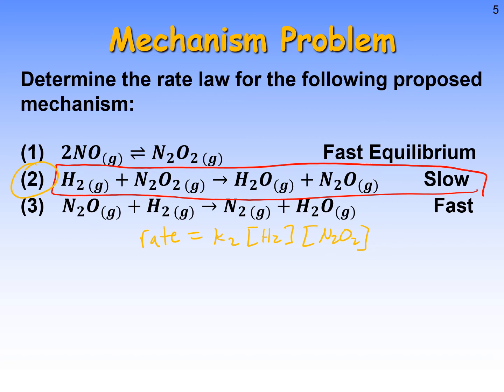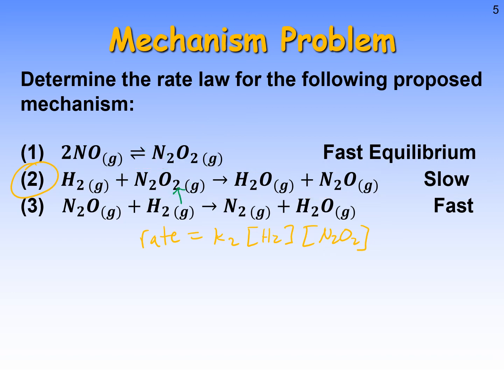Now again, you might notice that we have another problem, because N2O2 is a reaction intermediate. It's something that's formed in an early step, step 1 in this case, and used as a reactant in a later step, step 2. Because of this, we can't leave our rate law like this.